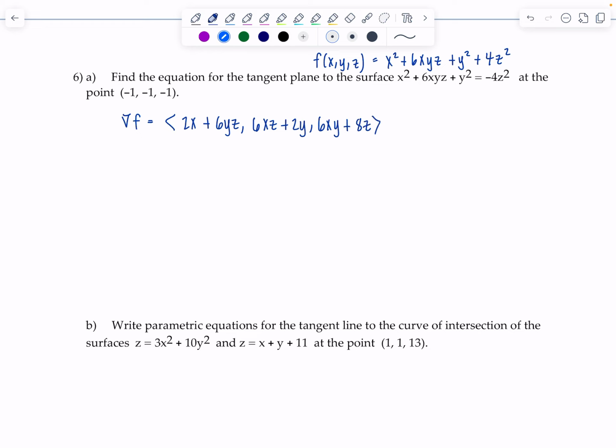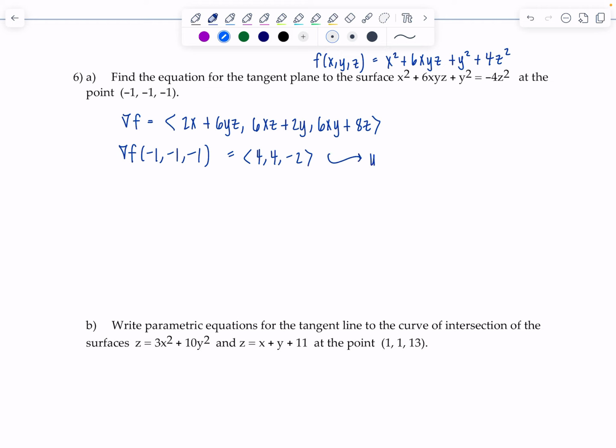Beautiful. And then I'm going to evaluate the gradient at -1, -1, -1, and we get 4, 4, -2. Now, we could use this vector as the normal to our surface, but then I know I'm going to have to reduce my equation at the end and divide through by a constant, so I might as well do it now.